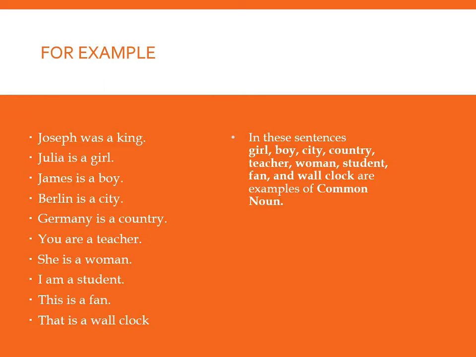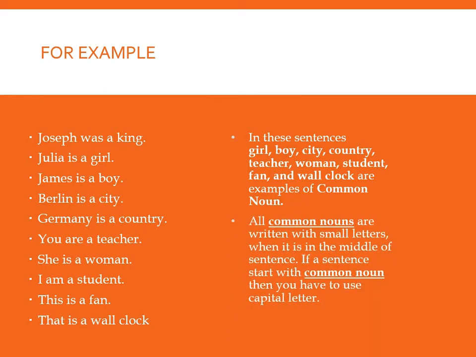That's why boy is a common noun. If there are more than two or three girls, then they are common nouns. Teacher: 10 people, 10 teachers are there in the room. They are all teachers. So common noun is given to name each and every one of that class.